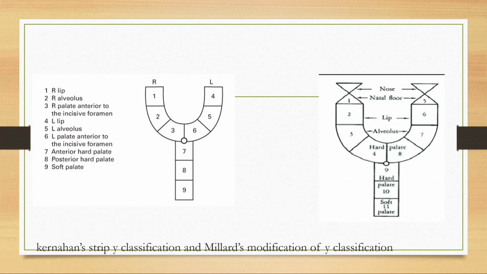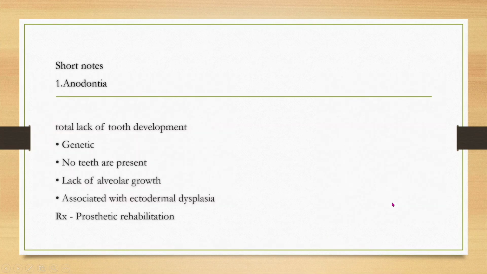Then we have anterior hard palate, then posterior hard palate and soft palate. Then we have a modification, that is nose and nasal floor, then lip, then alveolus, hard palate and soft palate.